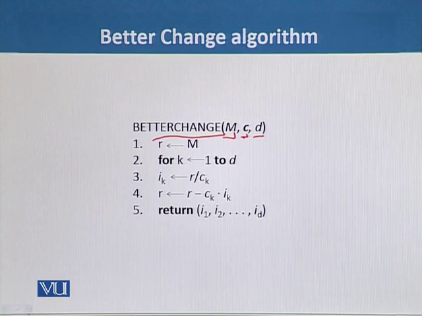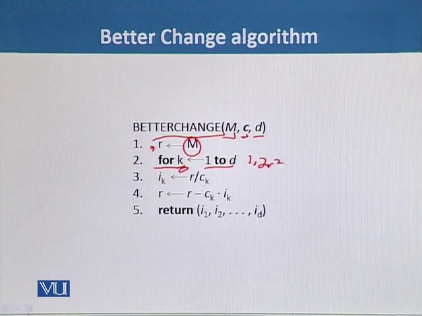The first step is to assign the value of M to R, meaning remainder. Then we start the loop, and here we have K going from 1 to D. Again, 1 to D is the number of coins: 1 is quarter, 2 is dime, 3 is nickel, and 4 is penny. So we write it in the algorithm form as 1 to D.